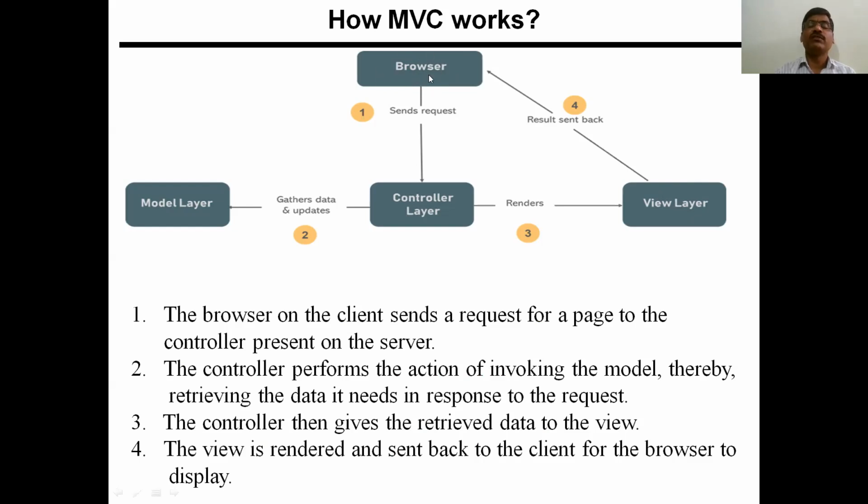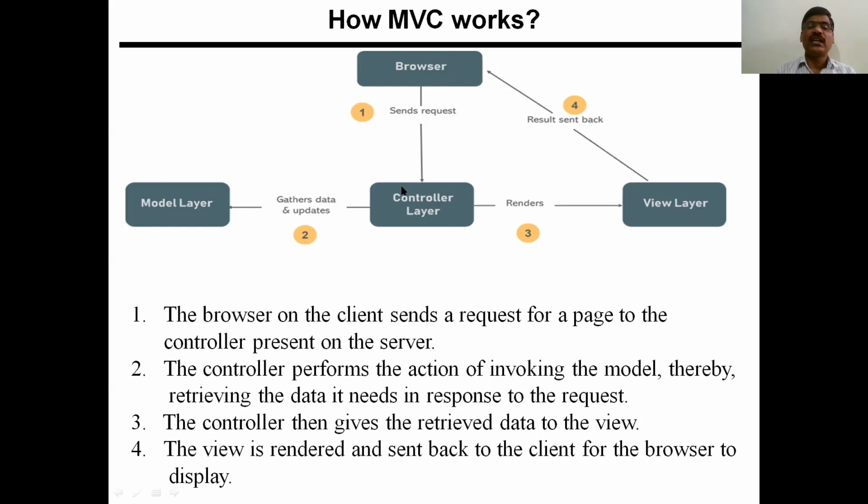In the web browser address bar, he will type the address, that is the URL of the page he requires. That is what we call a request. The first step is that, using the browser on the client side or the end user side, he or she will send a request for a page to the controller layer. That request will come to the controller layer.